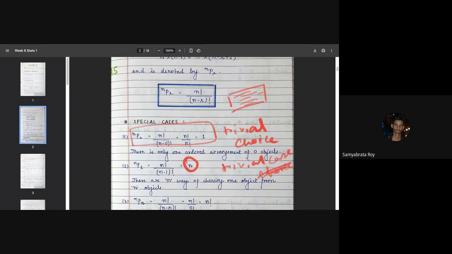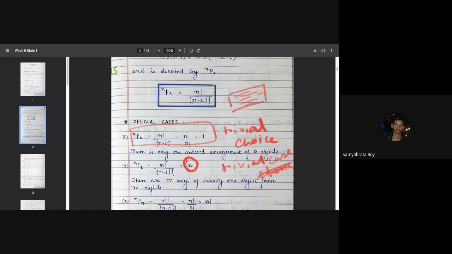Now if you are choosing everything, but this time ordering matters. Suppose you have 5 pens and you are choosing 5 of them. In this scenario, how many ways can you choose them?